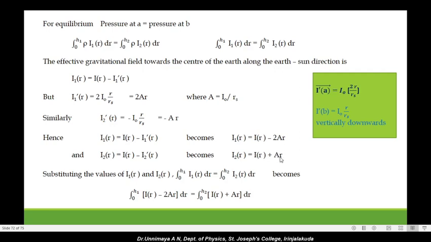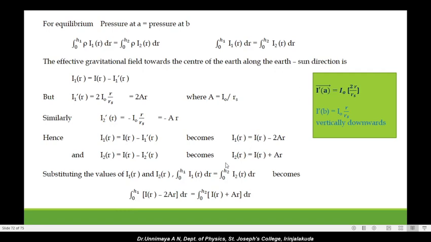So we have two equations for I1 r and I2 r. Now substituting these values of I1 r and I2 r, the equation that total pressure at A is equal to total pressure at B becomes integral from 0 to h1. What is I1 of r?